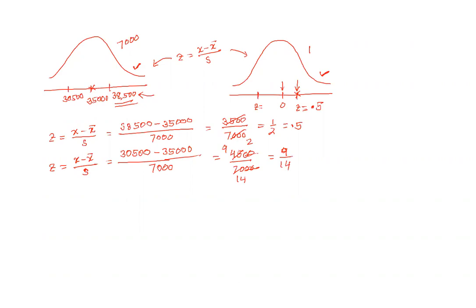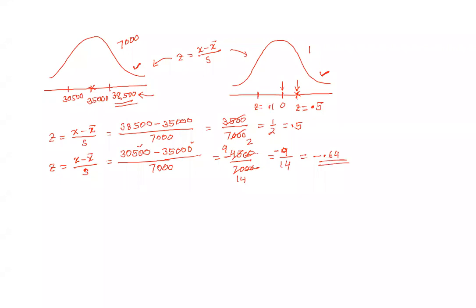And what do I get? Oh, I made a mistake. Nobody realized it. This is minus, right? 30,500 minus 35,000 is negative. So this should be negative. It's going to be 9 over 14, which is negative 0.6428. Just to put it in, negative 0.64.